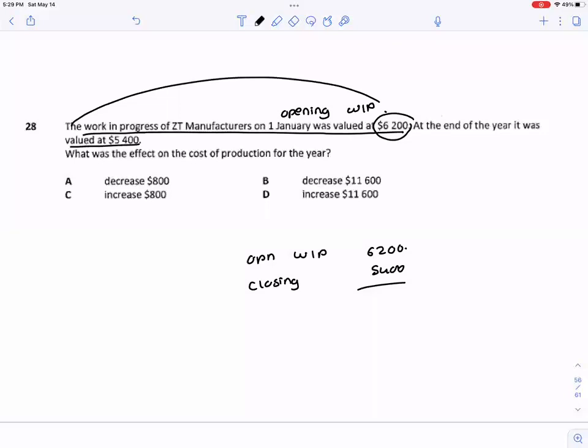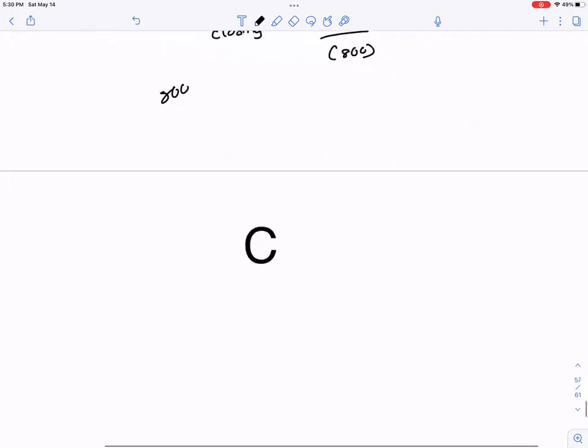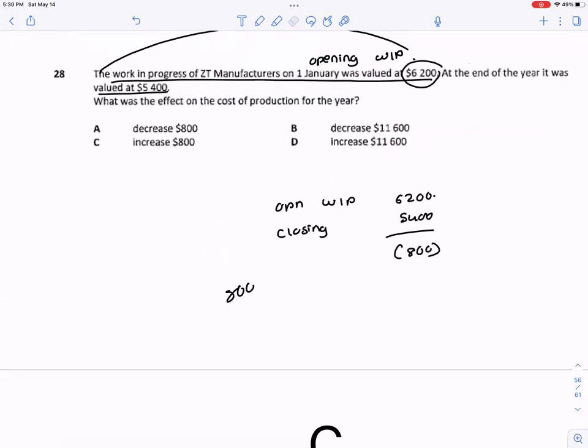So cost of production will decrease, because opening minus closing, if the answer is positive, that means there is a decrease in work in progress, and a decrease in work in progress is subtracted. If opening minus closing gives a negative answer, that means there is an increase in work in progress, and an increase is added.